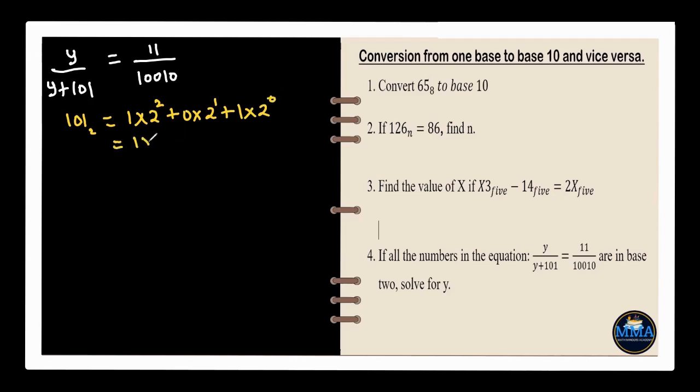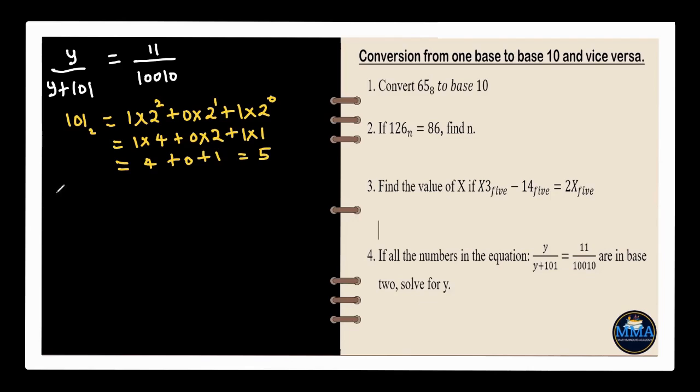This is 1 times 4 plus 0 times 2 plus 1 times 1. And this is 4 plus 0 plus 1, and that gives us 5.